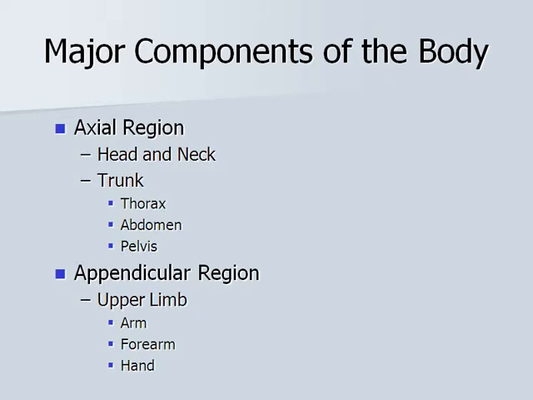From your shoulder to your elbow, that is your arm. So if you say arm to me now, I will assume you are referring to the specific region of your upper limb that occurs from your shoulder to your elbow. From your elbow to your wrist is your forearm. And of course, from your wrist forward is your hand. So your upper limb has three regions: arm, forearm, hand. And the entire appendage is called your upper limb.